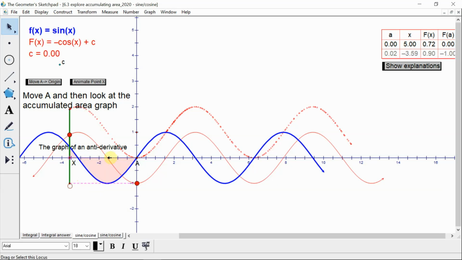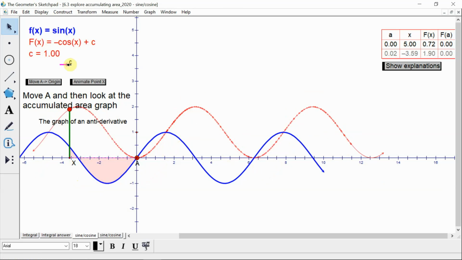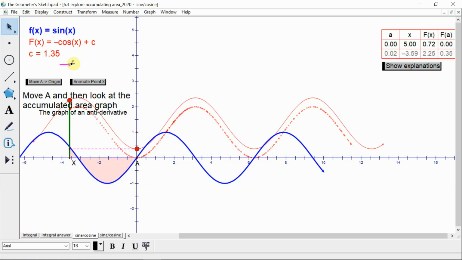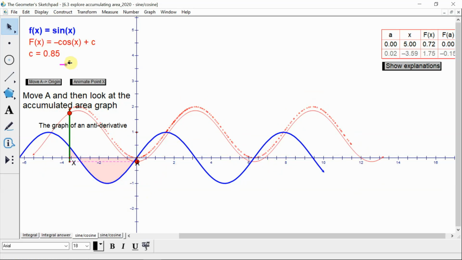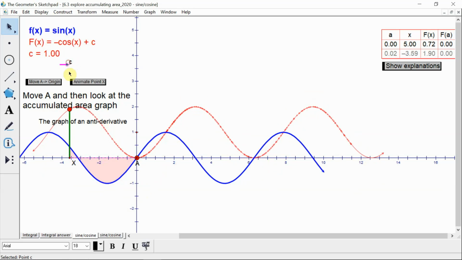It's really this curve that we're constructing here for the accumulated area, shifted, right? So there is some shift of this antiderivative that would cause it to match. And so then now as I drag this about, now it looks just like we would expect, right?